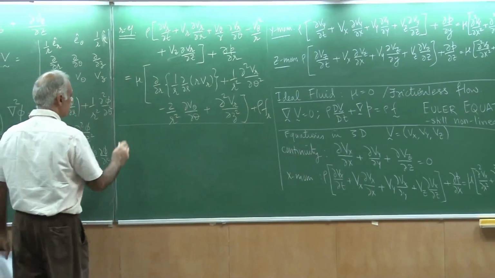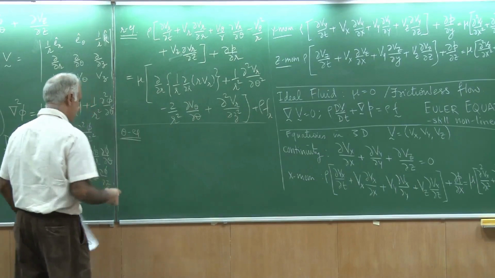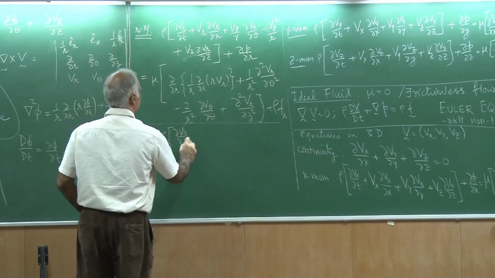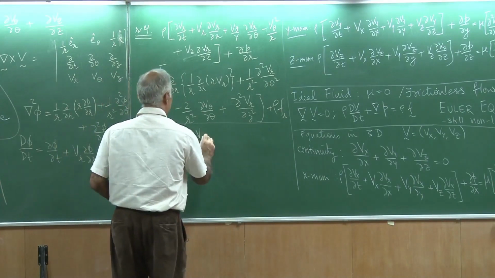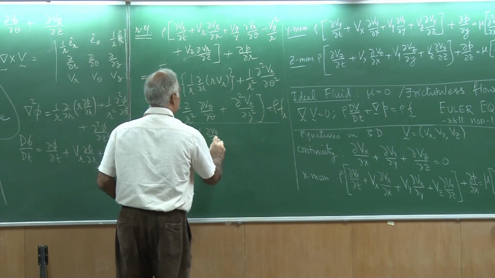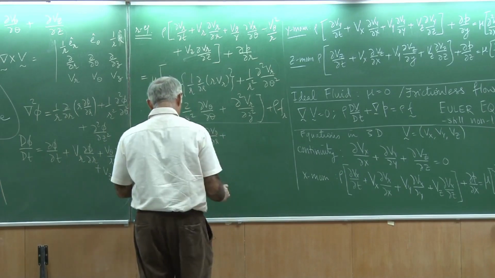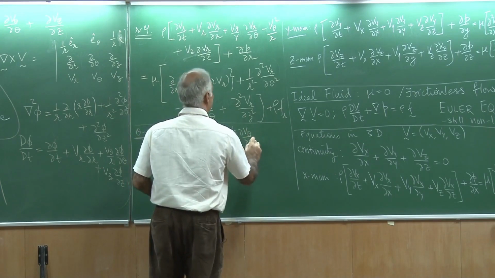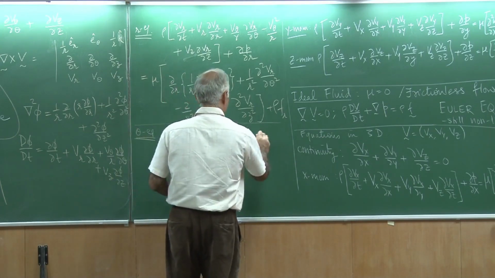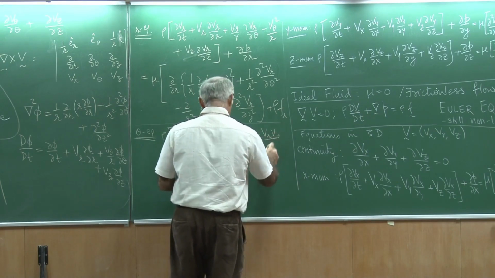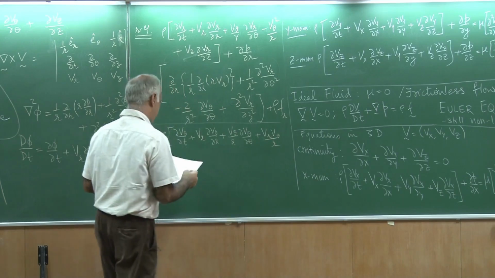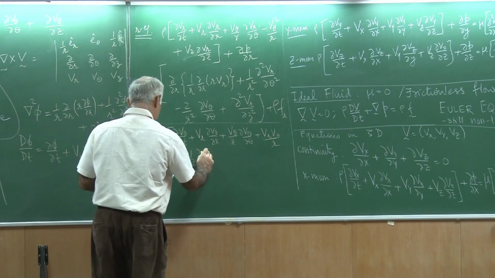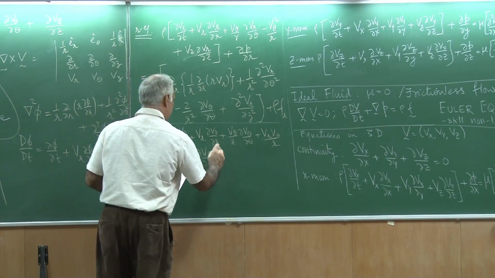Let me also squeeze in here the equation in the theta direction, and that would be given as rho, now this time, del V theta by del t plus Vr del V theta by del r plus V theta by r del V theta by del theta plus Vr V theta by r plus Vz del V theta by del z.